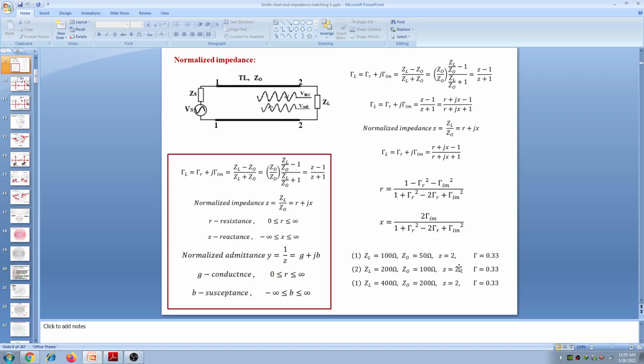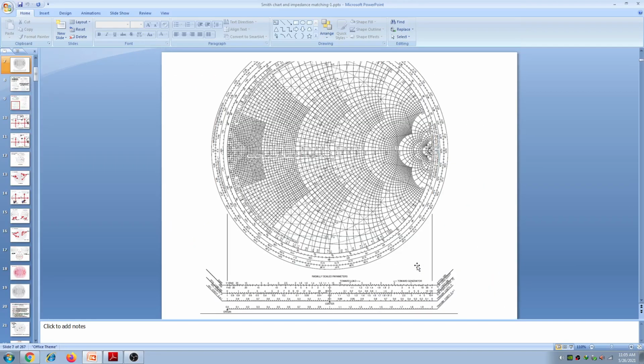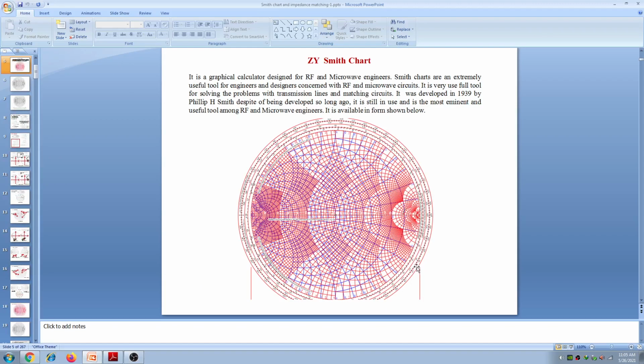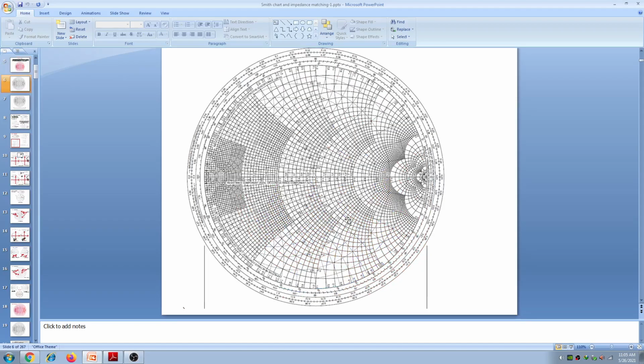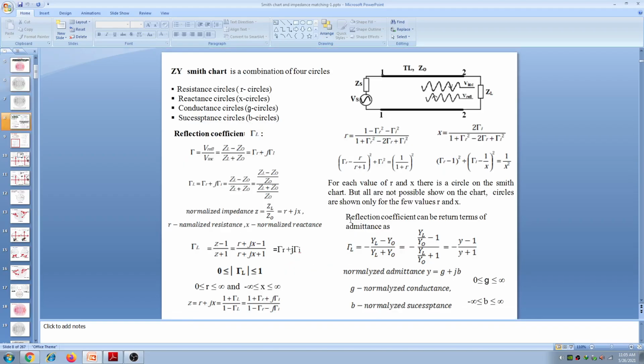Our impedance Smith chart, which is used for finding different parameters of transmission line problems, is a normalized chart.